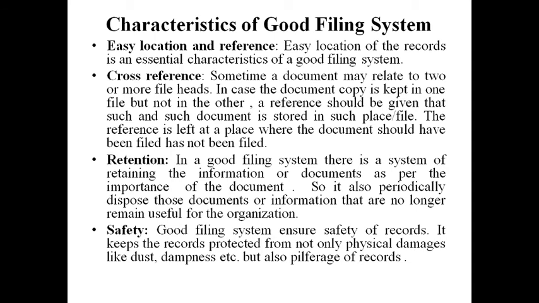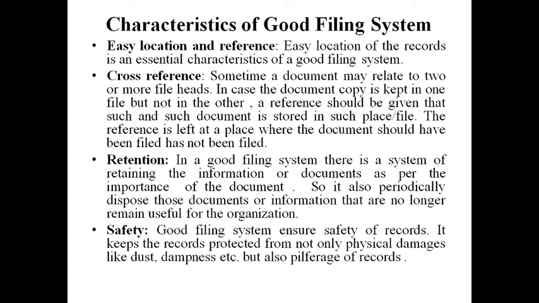Then safety is another important characteristic of a good filing system. A good filing system ensures safety of records. It keeps the records protected from not only physical damages like dust, dampness, etc., but also pilferage of records.